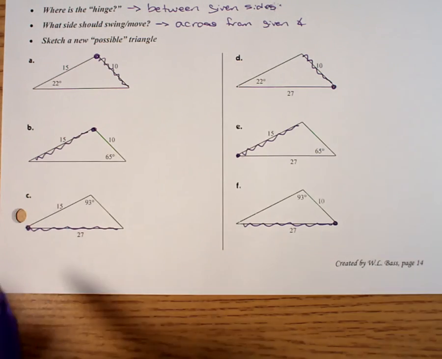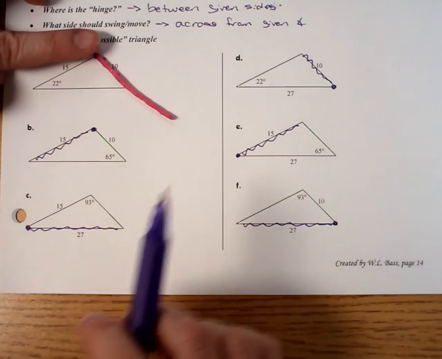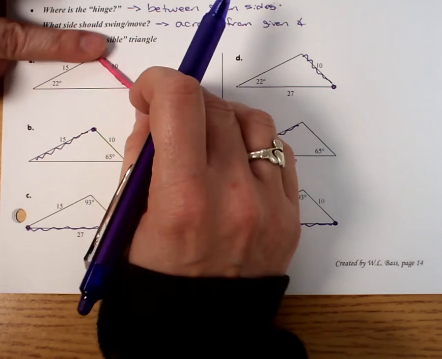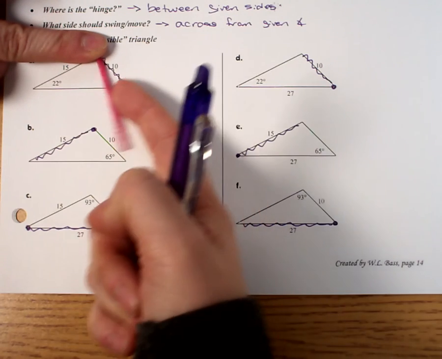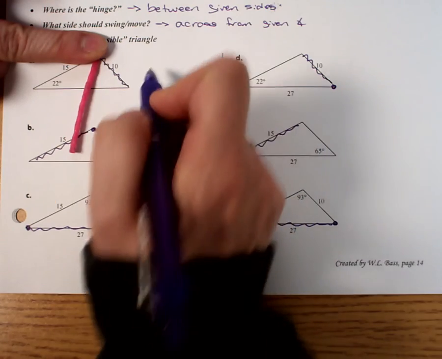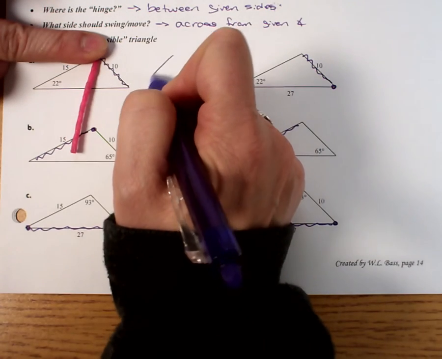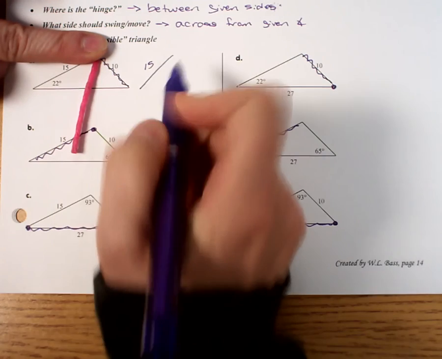So I'm going to use a little wiki stick, and certainly in class you could do that. If you're home, grab a piece of spaghetti. That works just as well. I like to put my finger on where the hinge is because that helps me keep in mind what's supposed to move, and I visualize this moving inside. When I redraw my picture, I know that I need to keep this original 15 and this 22 degrees.